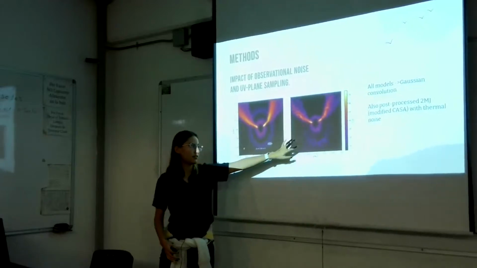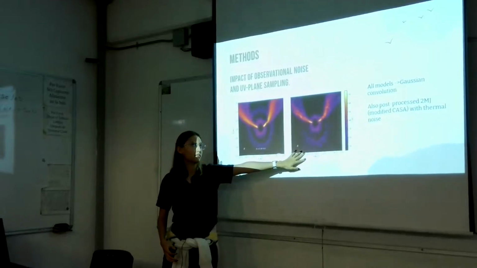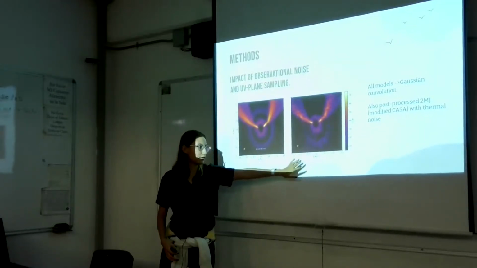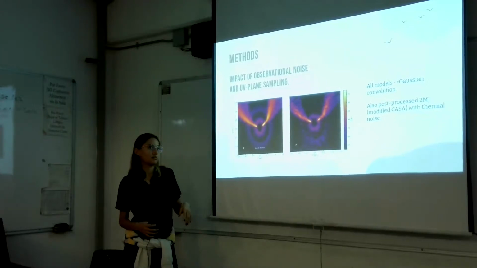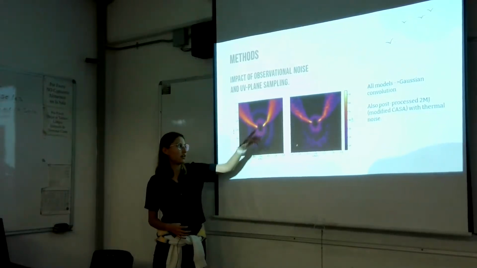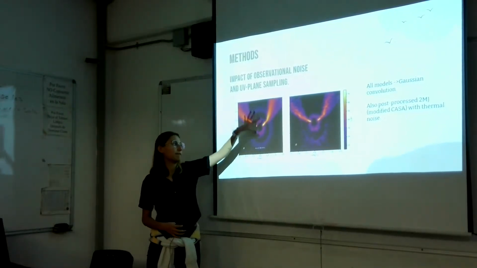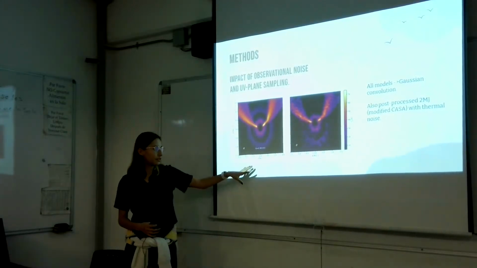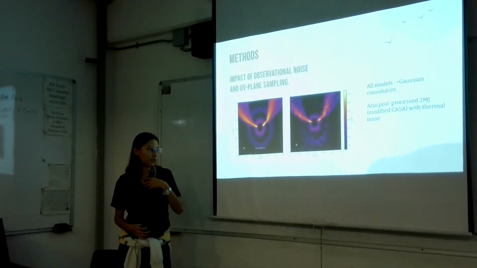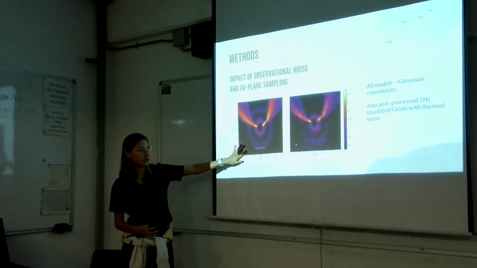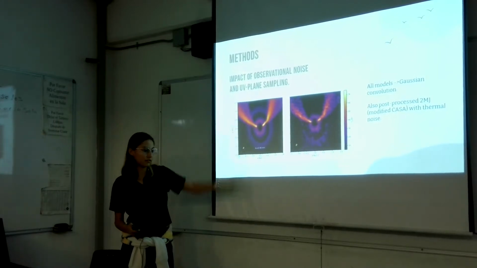And as you can see, this is a little bit more similar to the observations, but this shows the kink and all of these properties that we wanted to study. So they did Gaussian convolution in all of their paper.